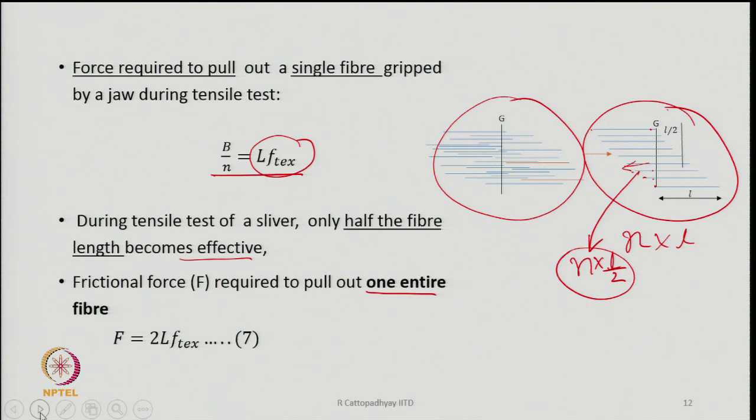Therefore, the frictional force required to pull out one entire fiber is going to be not L FTX, but twice L FTX. That is the difference. So, I am pulling out one fiber from the rest of the other fibers which are surrounding it.